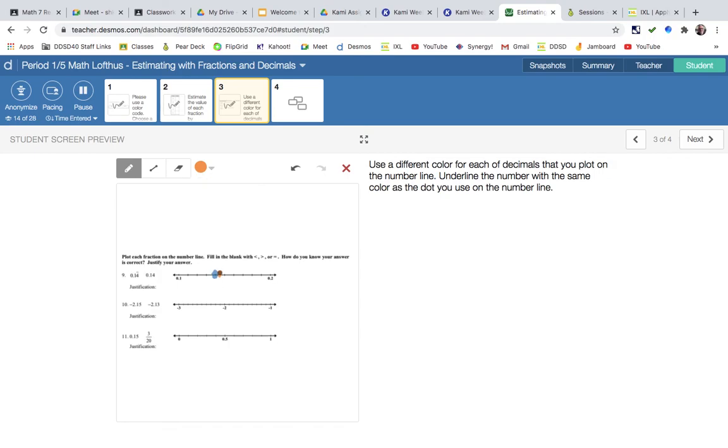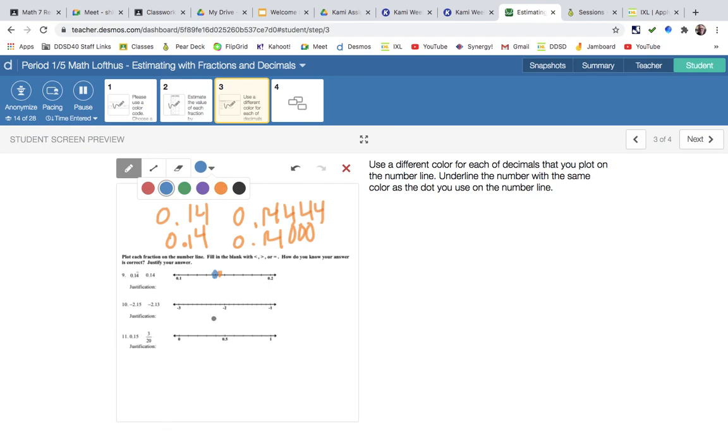We'll talk later this year more about repeating decimals. And actually, yeah, so 0.14 repeating means 0.1444. So it's a little bit bigger than 0.14 because those would just be zeros. And on this one, we'll go with blue.